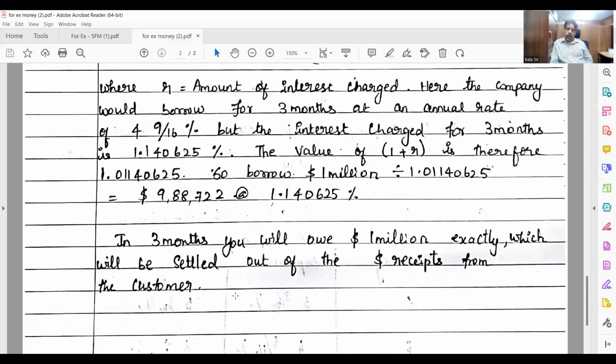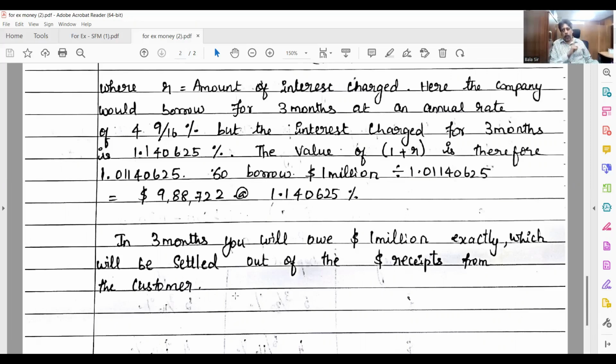Is that fine? Yes, sir. So that is step number 1. You are supposed to create a liability. For that, borrow in that foreign currency. Because you have a foreign currency asset that is receivable, you have to create a foreign currency liability and obligation. So you borrow, create a liability.